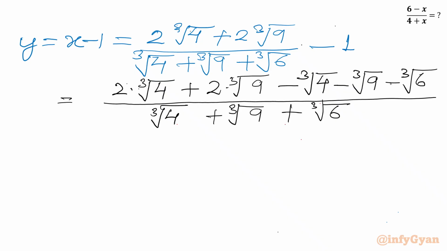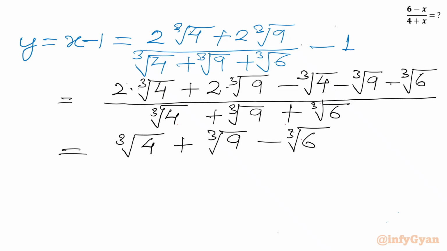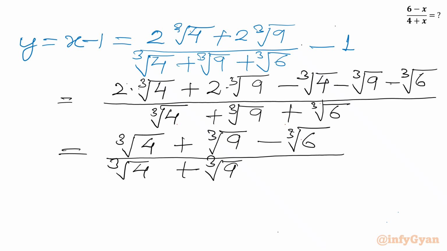Now 2 times cube root 4 minus cube root 4, I will write here cube root 4. 2 cube root 9 minus cube root 9, so I will write here cube root 9. Then we have minus cube root 6. In the denominator, cube root 4 plus cube root 9 plus cube root 6.